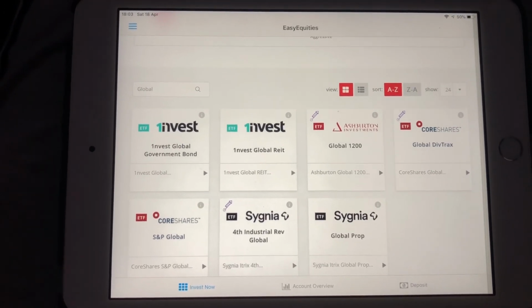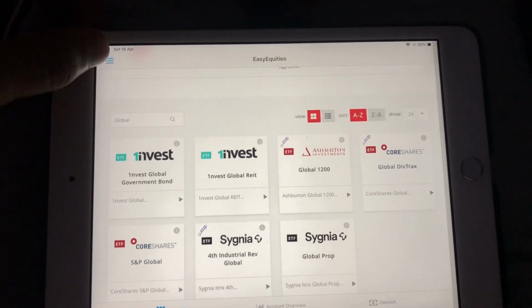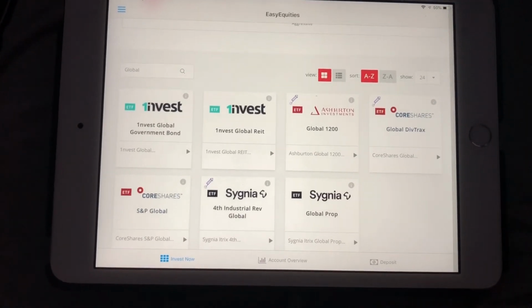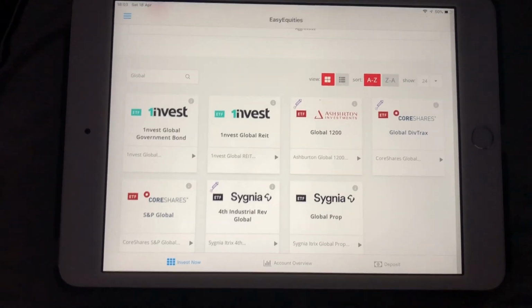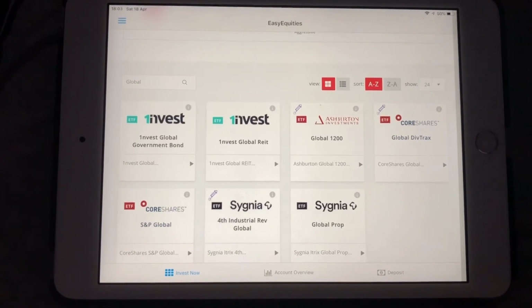And then what I want to talk about also, but I think I'll talk about it on the next video, is the different types of accounts. There's a tax-free savings account here on this Easy Equities app.